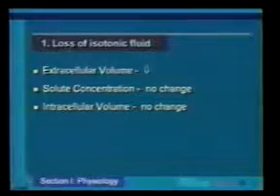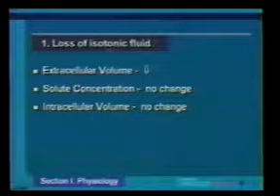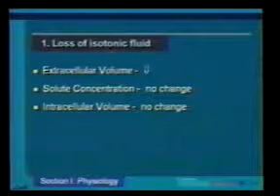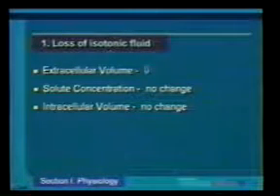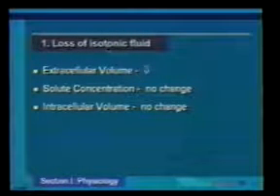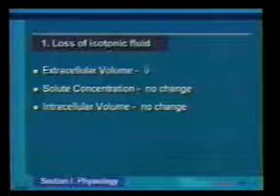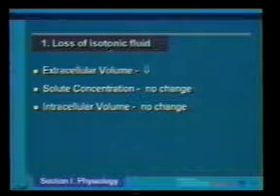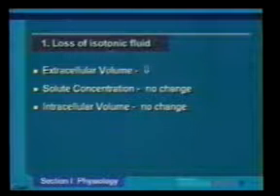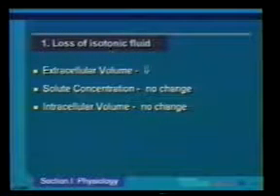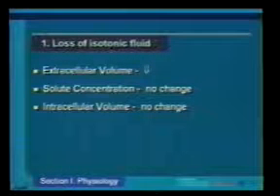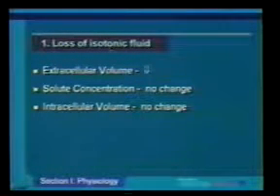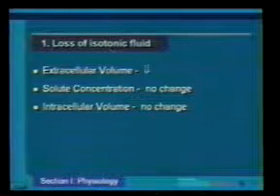Suppose we have a loss of isotonic fluid from the extracellular compartment. This could be a simple hemorrhage. However, this is a little ambiguous because when you hemorrhage, you lose red blood cells, and technically, the interior of a red blood cell is intracellular fluid. Therefore, with a hemorrhage, you're actually losing some intracellular fluid.